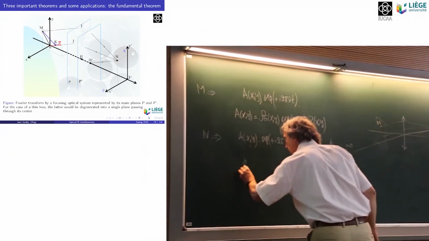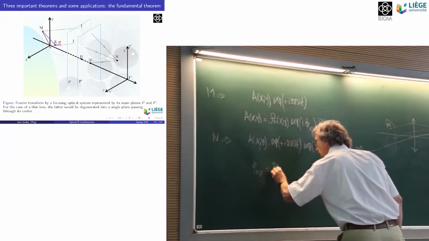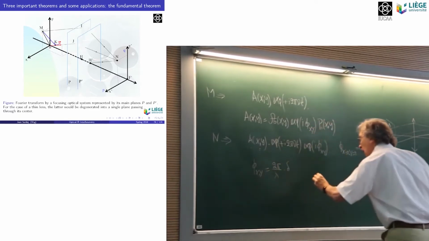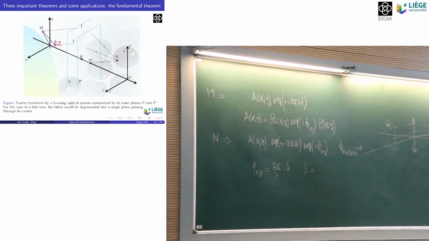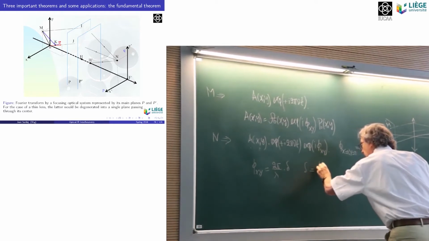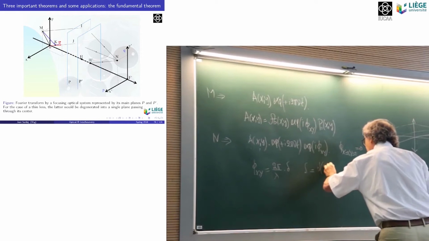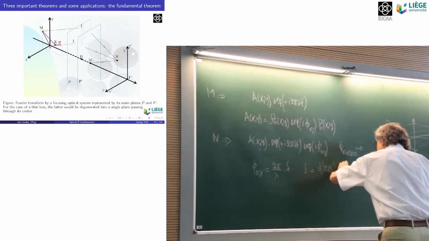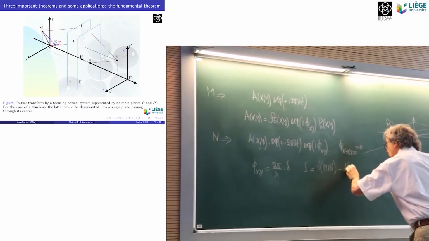The phase phi(x,y) is equal to 2 pi divided by lambda multiplied by delta, where delta is equal to the difference between the distance MN minus the distance between O and N.